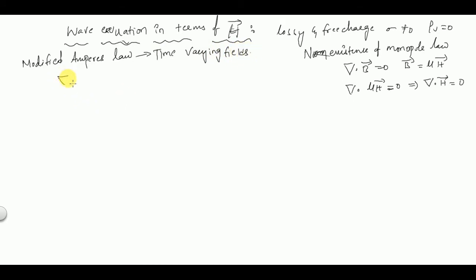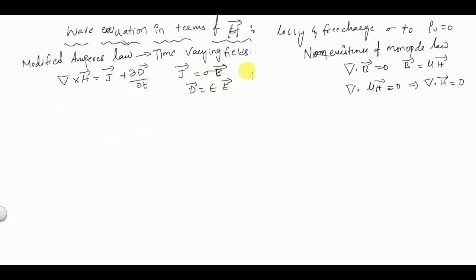So we have del cross H bar is equal to J bar plus dou D bar by dou t. But we know that J bar is equal to sigma E bar, and D bar is equal to epsilon E bar.